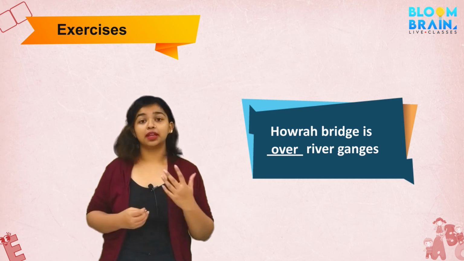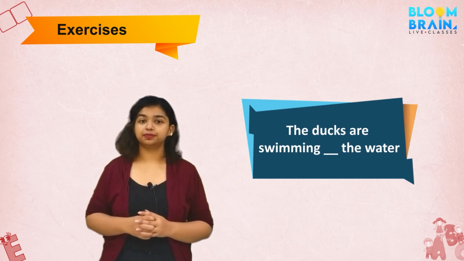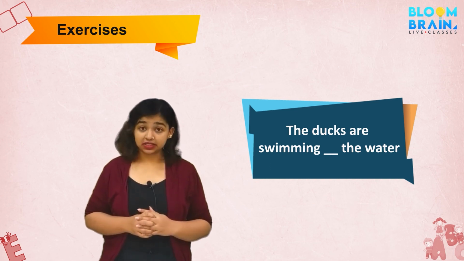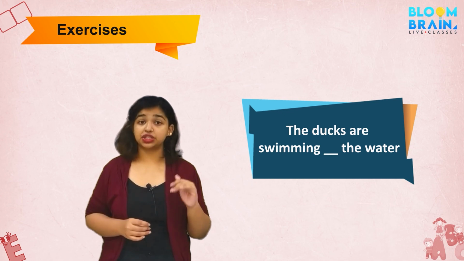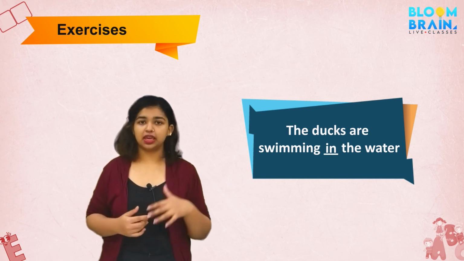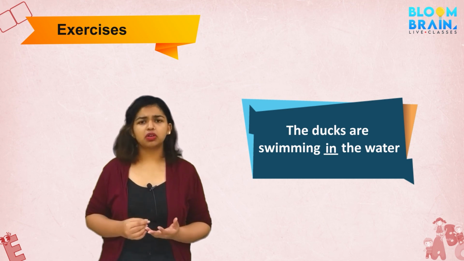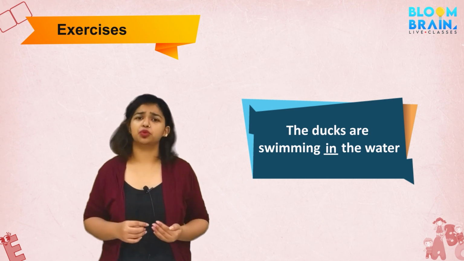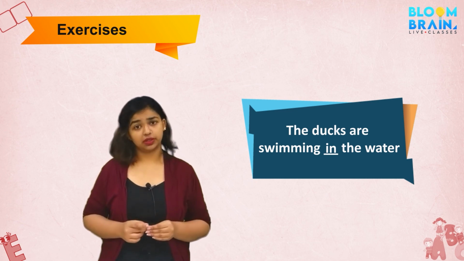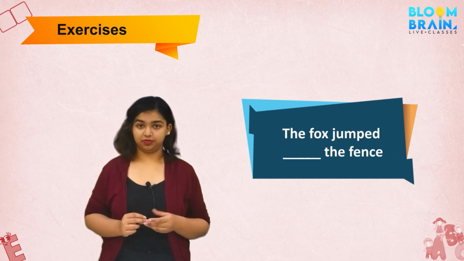Next. The ducks are swimming dash the water. In the water. Or you can also say on the surface of the water, if surface is good. On the surface of the water. Next.